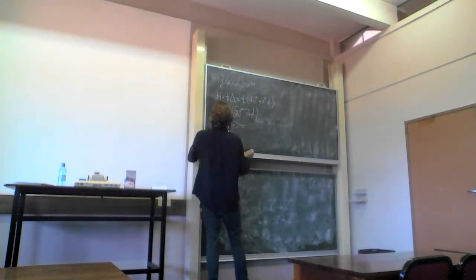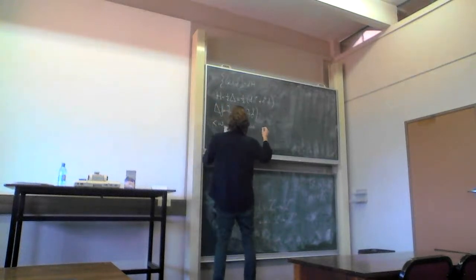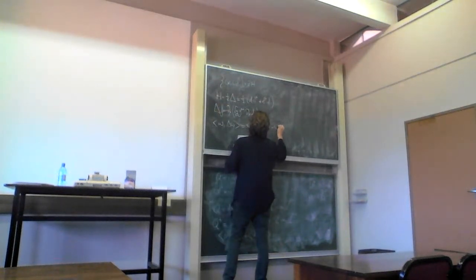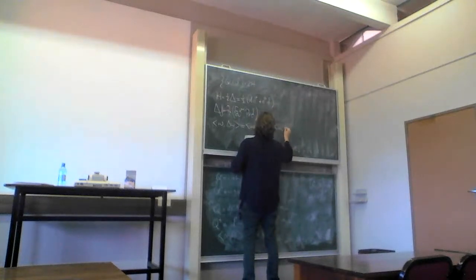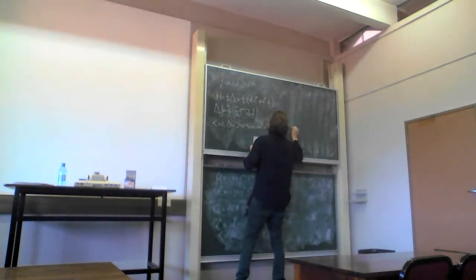And we can write this by plugging in the expression for delta: it becomes the inner product of d omega with d omega plus the inner product of d dagger omega with d dagger omega.